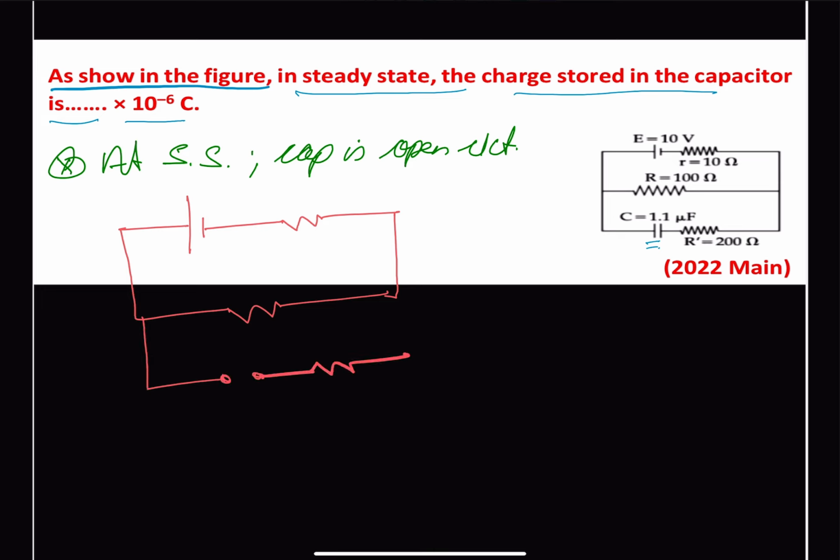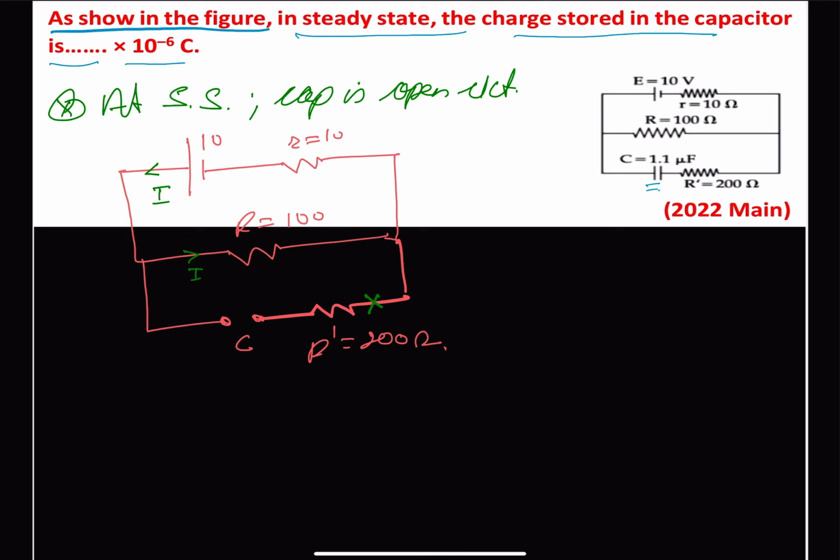So we are given this as 10, r is our 10 ohm, capital R is our 100 ohm. We have capacitor here, and we have here R prime which is given as 200 ohm. So as capacitor is open circuit, no current will be flowing in this capacitor arm. So if current flowing through here is I, so obviously through here will be also I. So we can easily find out the value of the current I.